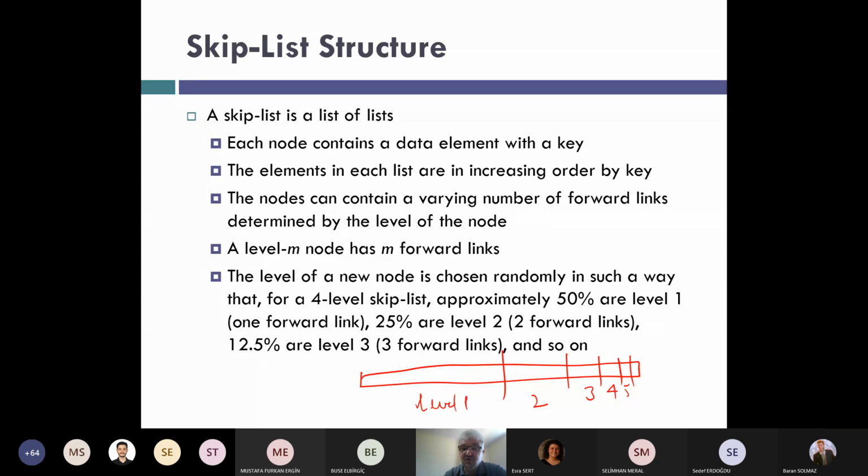The probability of being level 2 is 1/4. The probability of being level 3 is 1/8, etc. 1/2, 1/2 squared which is 1/4, 1/2 cubed which is 1/8, 1/2 to the 4 which is 1/16, and it goes on and on as the levels are increased in the skip list.